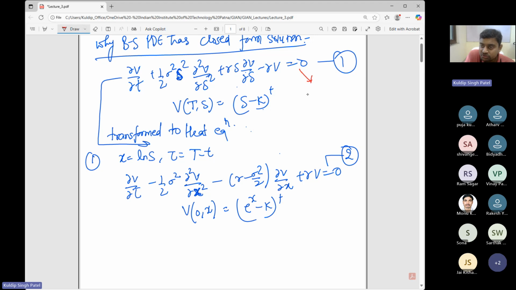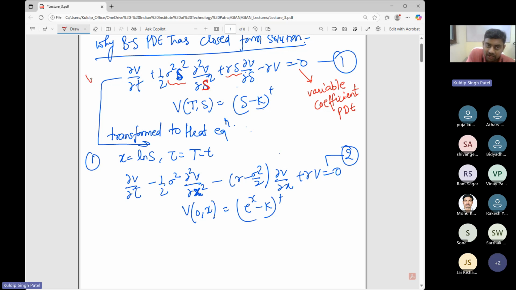So can anyone tell quickly what is the difference between these two, equation number 1 and 2? Actually, here the coefficients are variable. Variable coefficient PDE. Why? Because here it is S, and S is variable. Our S and T are variable, right?